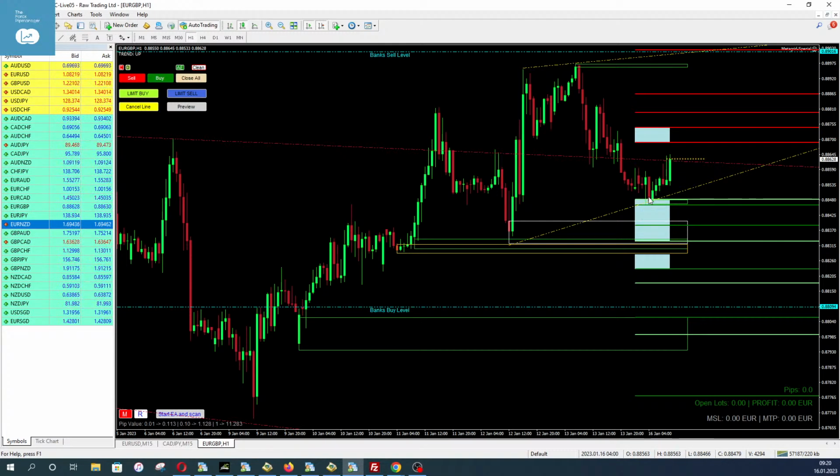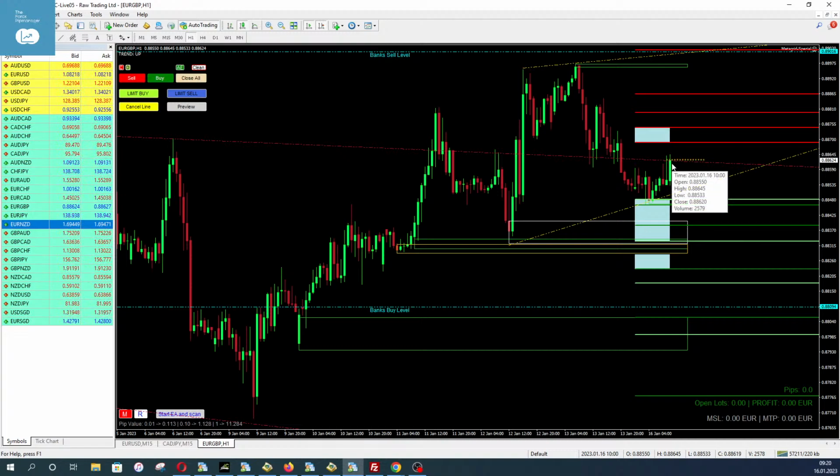And then the support did hold, and then it went up, and it sits now at the moment on this red trend line, and this red trend line is a daily trend line. So we are now on resistance, and if it jumps over this daily trend line, with the next target being this resistance block, we should see again a reaction, maybe a smaller one. It depends how strong the pair is today.